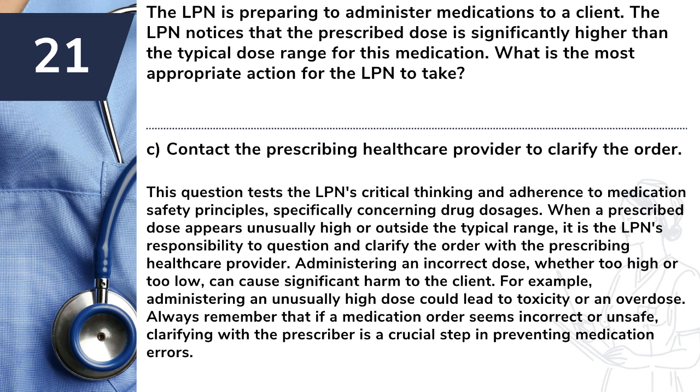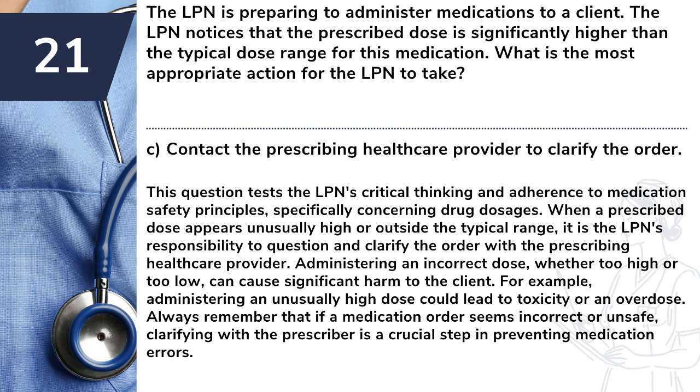Answer: C. Contact the prescribing healthcare provider to clarify the order. This question tests the LPN's critical thinking and adherence to medication safety principles, specifically concerning drug dosages. When a prescribed dose appears unusually high or outside the typical range, it is the LPN's responsibility to question and clarify the order with the prescribing healthcare provider.